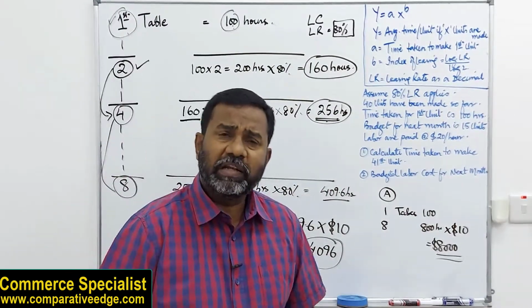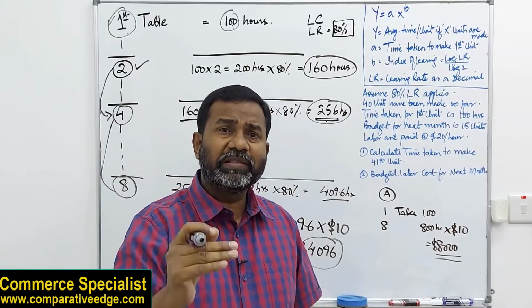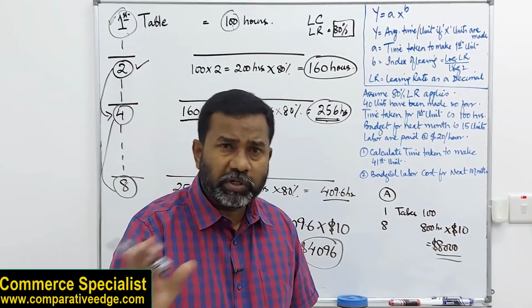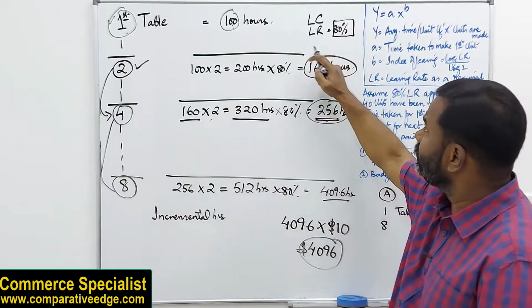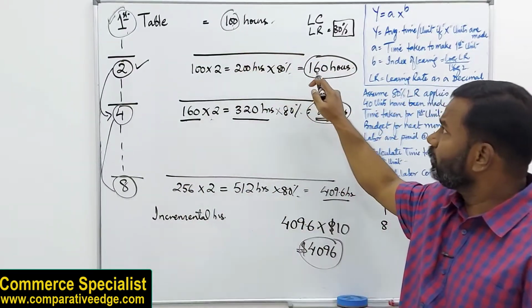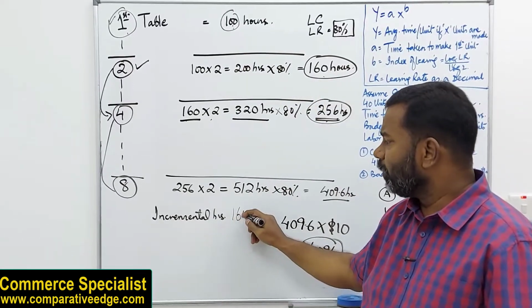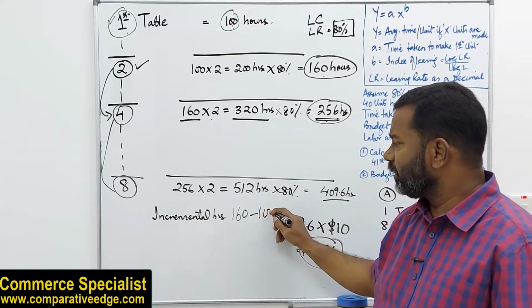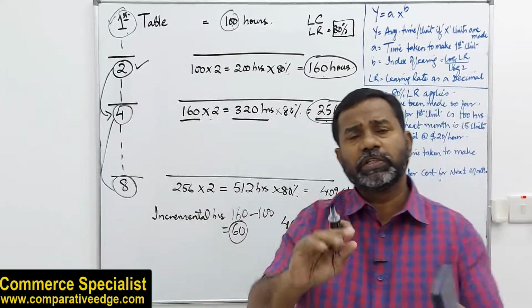So you may be asked in an MCQ, what is the time taken to make the second table? Not both the tables, the second table. So if the first table took 100 hours and two tables take 160, that means out of 160, if I minus the time taken for the first table, the second table actually just took 60 hours to make.